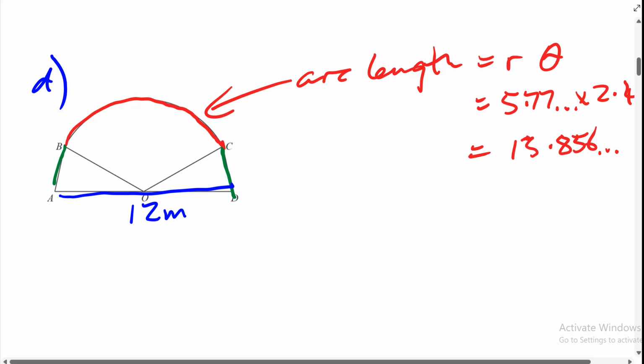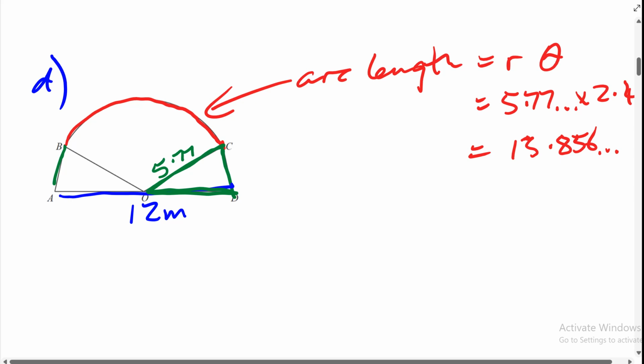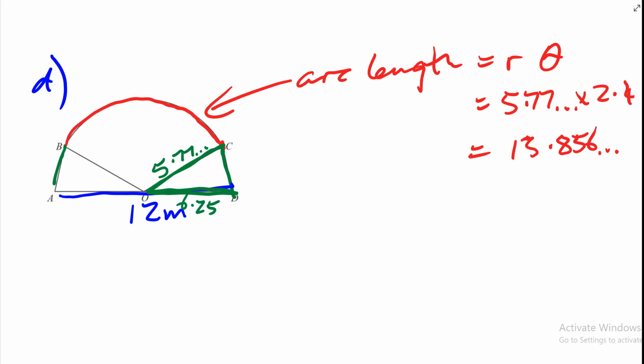Then we've got this triangle. So let's just use this triangle here. We've got 5.77. We've got 6.25. And we know this angle is 0.37 something. And we're trying to find that side there.